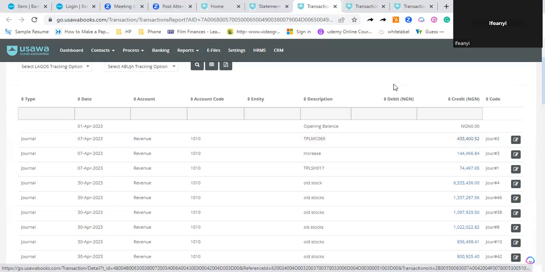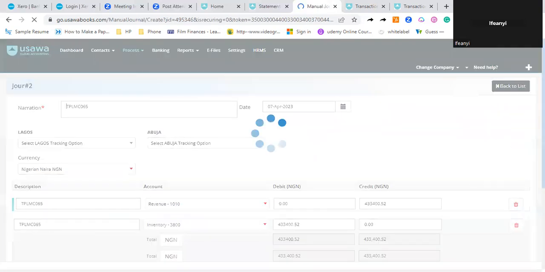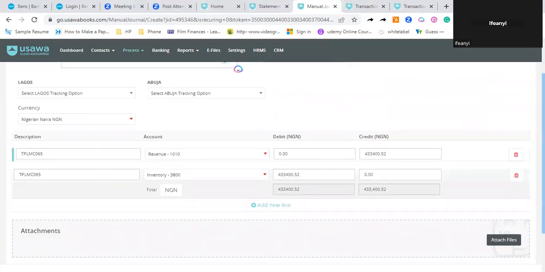What's that word now? That net balance. My brain is slow this morning. But basically, if you follow the accounting equation, these are not revenue items. So let's click on one. This should not be inventory.